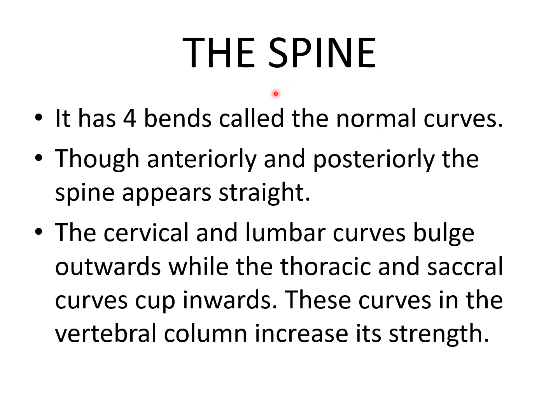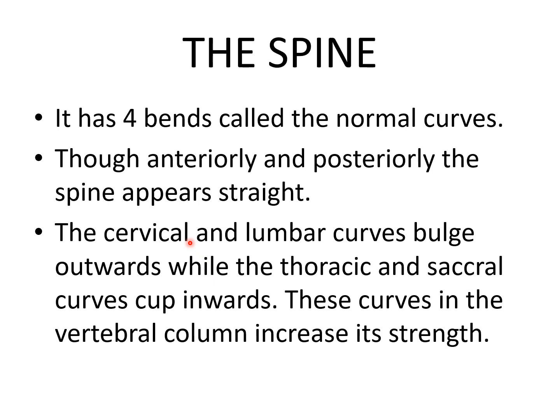The spine has 4 bends, which are called the normal curves. Though looking at the spine anteriorly or posteriorly, the spine appears to be straight without any curve. However, out of these 4 curves, 2 of them curve in one direction and the other 2 curve in another direction.